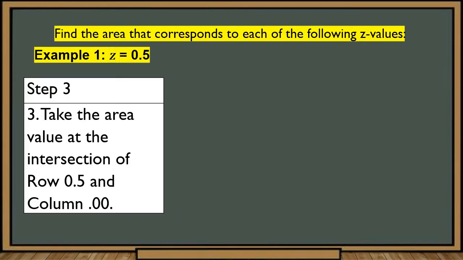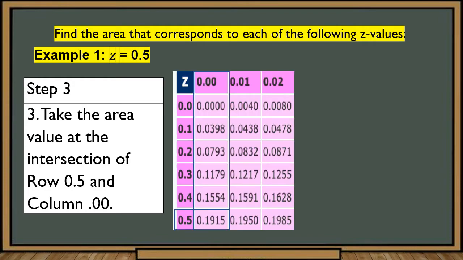Next is we're going to take the area value at the intersection of row 0.5 and column 0.00. So hanapin lang natin kung saan sila nagtagpo, yung intersection ng row at ng column. So a while ago, we have located the row and the column. These are the first two digits.